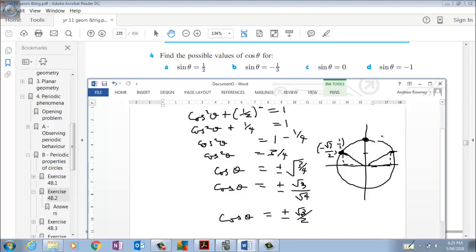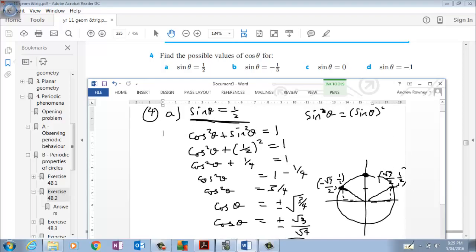This coordinate over here is plus root 3 on 2, comma, a half. So that is why we're getting 2 answers for the cos, because there's one on the left, which is the minus, and there's one on the right, which is the plus. And this represents the x coordinate, which is 2 x coordinates, and this represents the y coordinate.